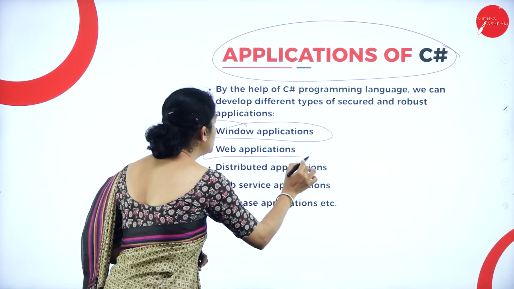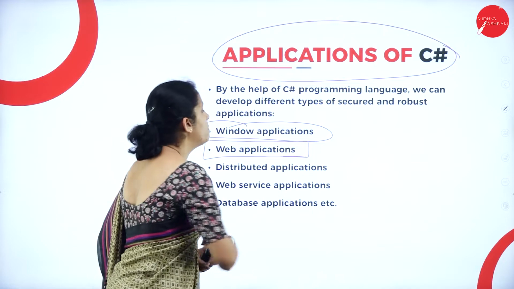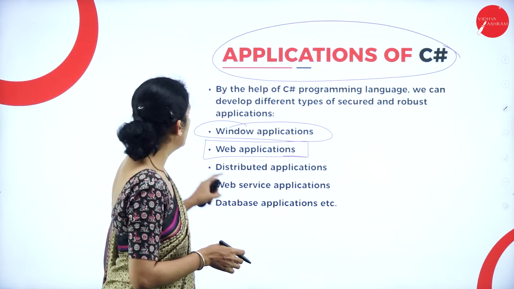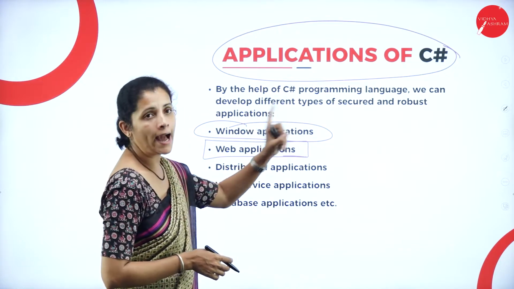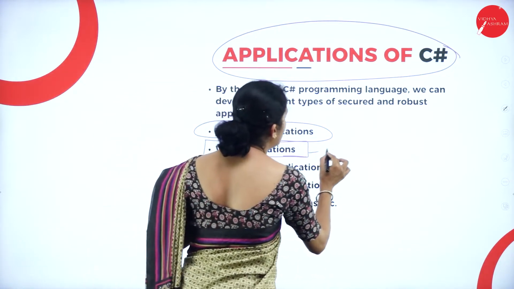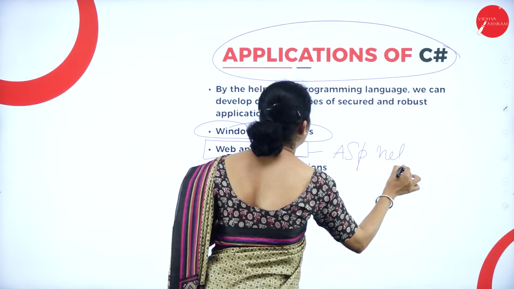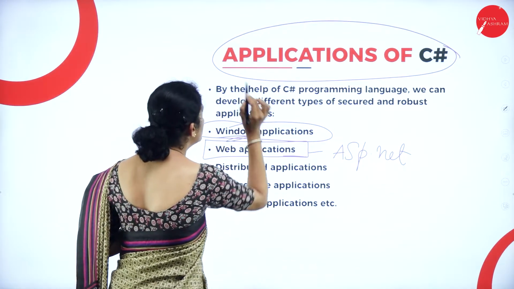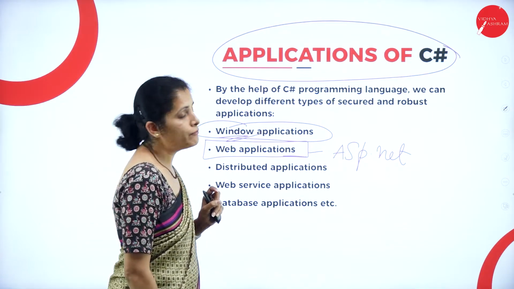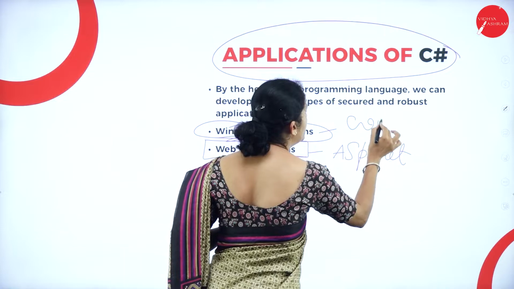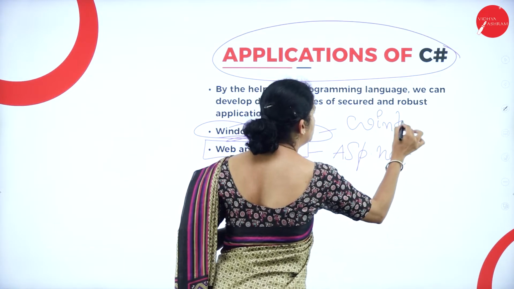Suppose I want to develop my own web applications, then I can go with C#. That means I'm going to get ASP.NET. And if I want to develop Windows applications, then I have WinForms.